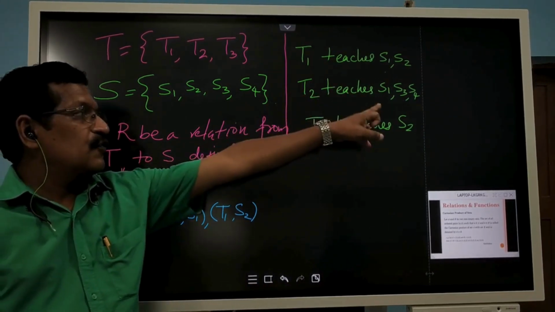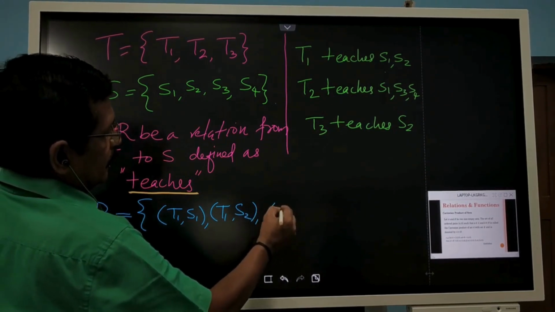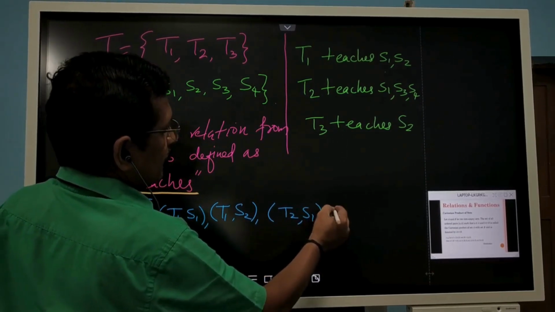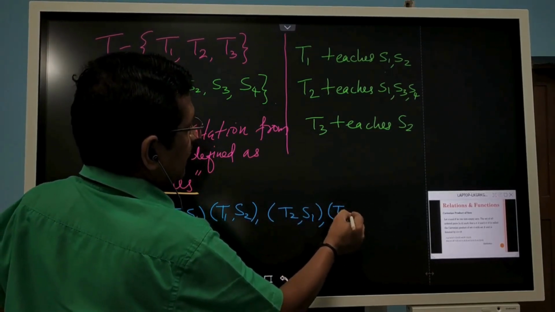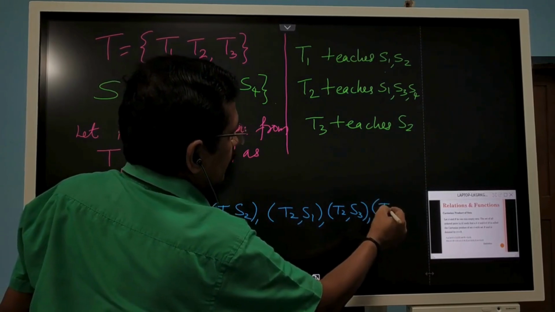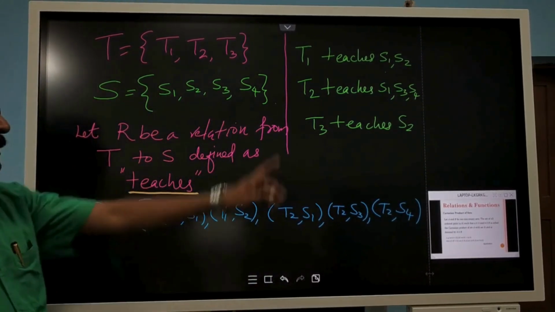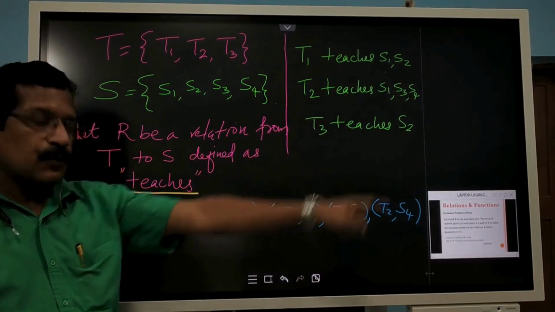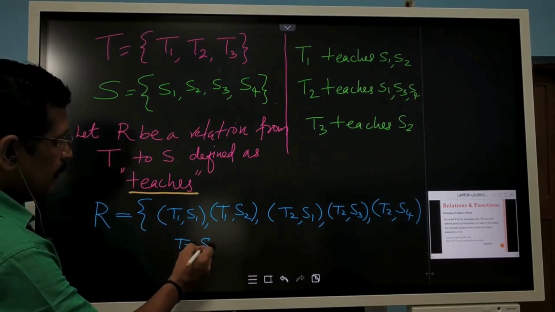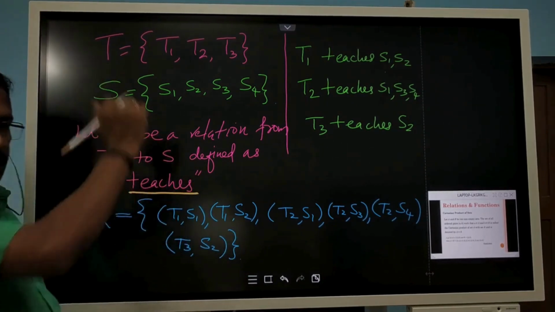Teacher 2 teaches S1, S3, S4, so I can write T2 S1, T2 S3, T2 S4. Teacher 3 teaches student 2, so T3 S2. So this is the relation as per the given condition.